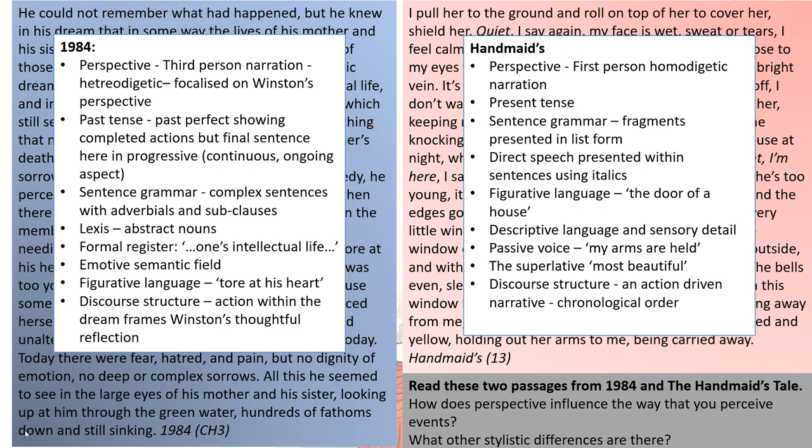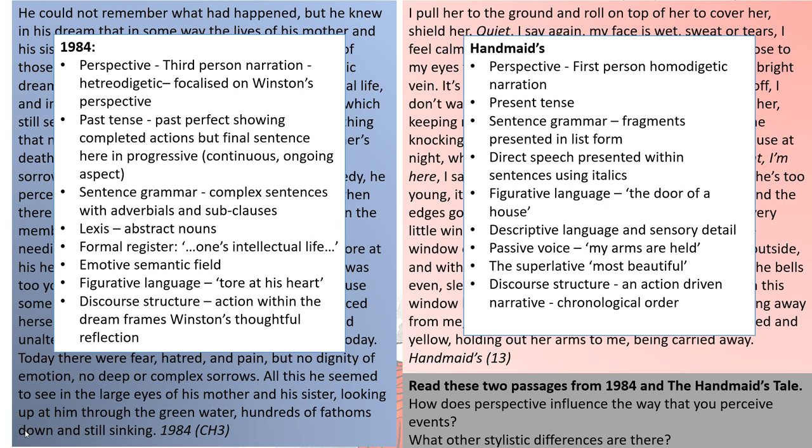In 1984, we've got a third-person narration, which is heterodiegetic, and that's focalized on Winston's perspective, as we said. The 1984 extract was in the past tense, and it used aspect in meaningful ways.